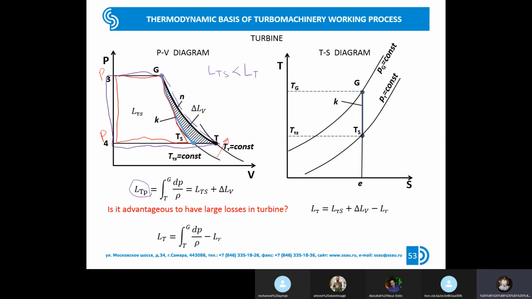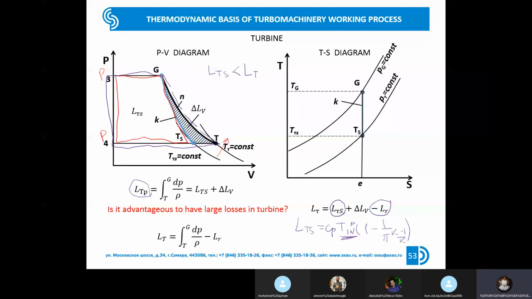But for us, it's important that the isentropic work of the expansion process depends on the temperature. And if you increase the temperature, you get more specific work in the turbine.